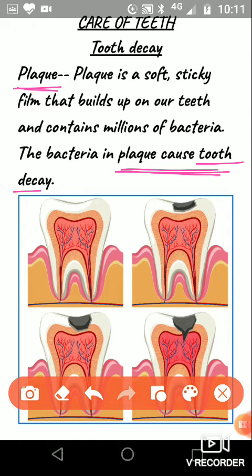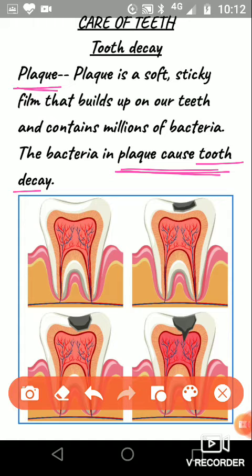So basically, we have good bacteria in our mouth, just as there is good bacteria found inside our body, and some bacteria present in our mouth help in many ways. But when the food stays for a longer time, that bacteria start feeding on that food. The food might contain sugar or starch.